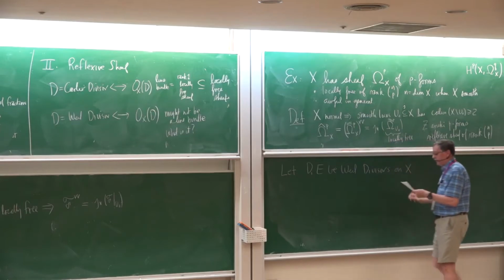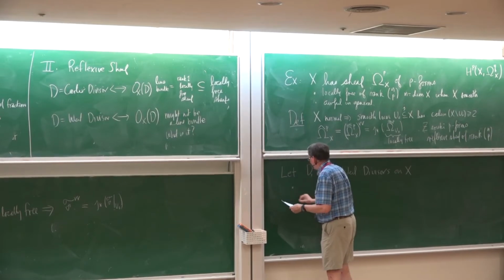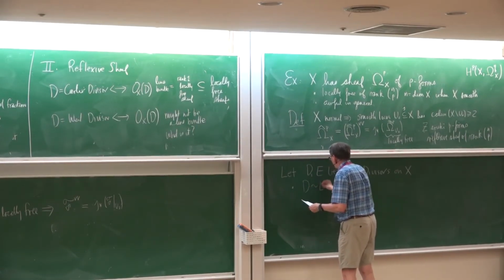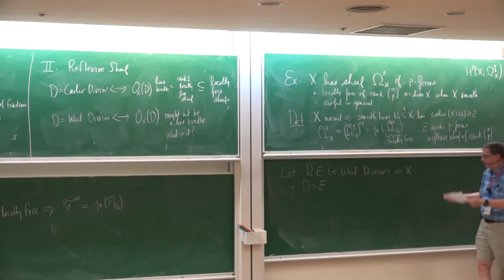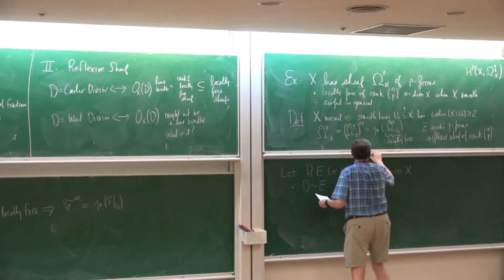So let's take some Weil divisors. Well then, one thing that could happen is that you could talk about what it means for two Weil divisors to be linearly equivalent. That's a basic thing we've been talking about quite a lot.